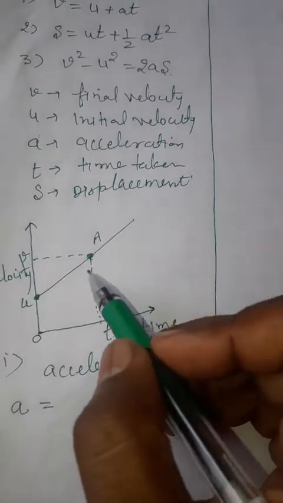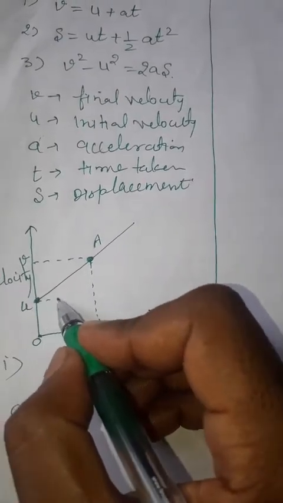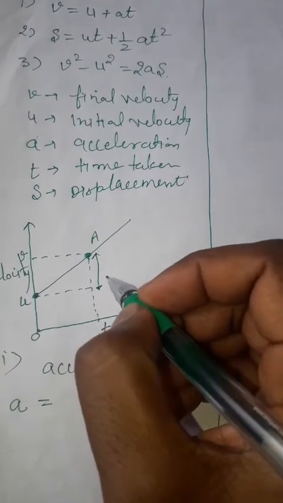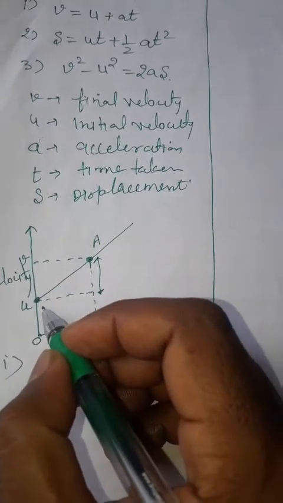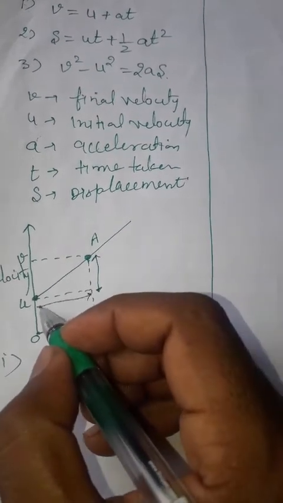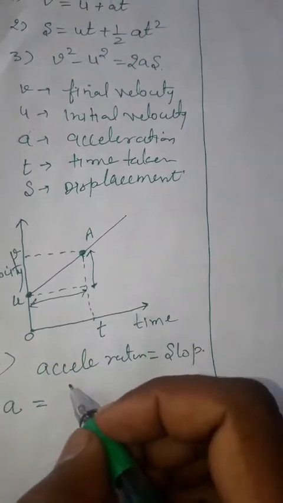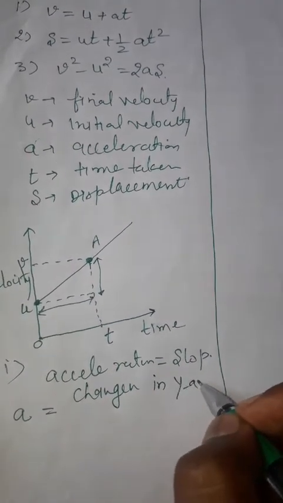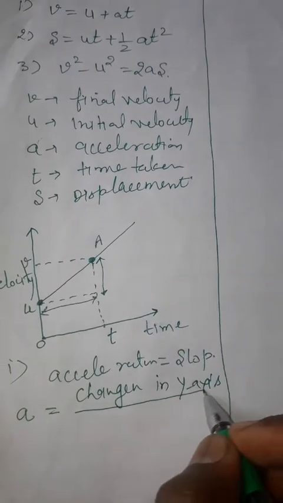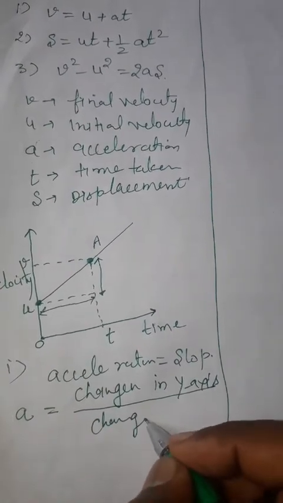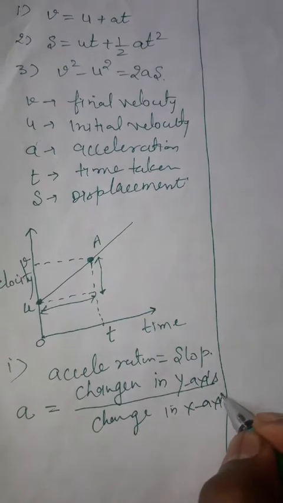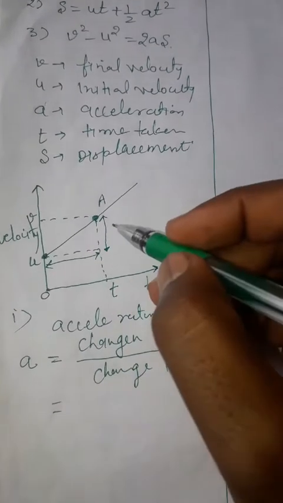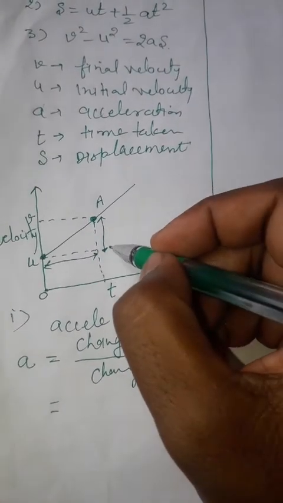Now the slope of this graph is given by the ratio of change in y-axis to the change in x-axis. So we can write here acceleration is change in y-axis divided by the change in x-axis.